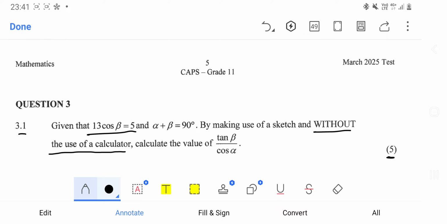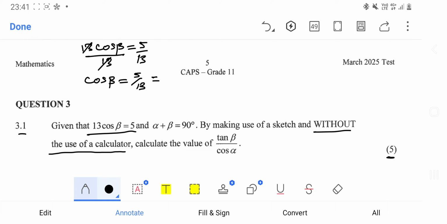So we have to isolate cos β. To do that, we divide on either side of the equal sign by the coefficient of cos β, which is 13. Then 13 will cancel out with 13, and we remain with cos β = 5 divided by 13.